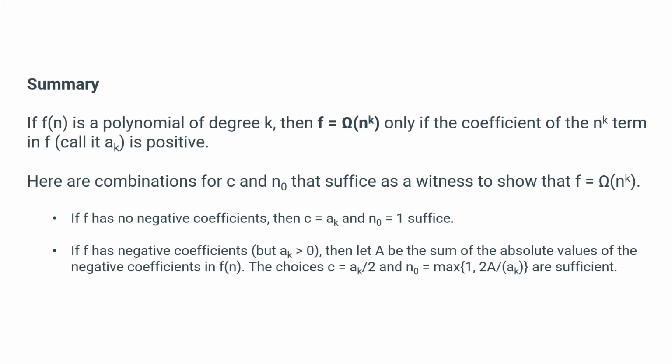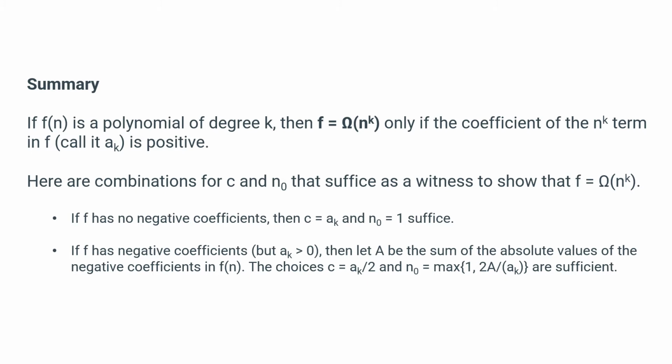So this summary then talks about how to show that a polynomial of degree k is omega of n to the k, as long as the coefficient of that leading term is positive. And remember, there were two categories: one where there were no negative coefficients, and one where there were negative coefficients.